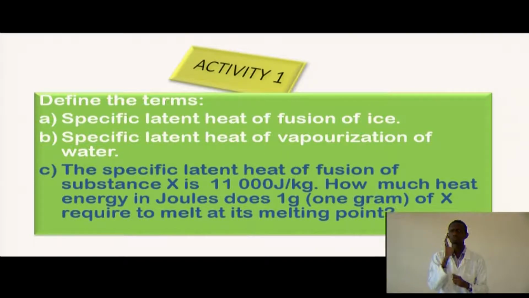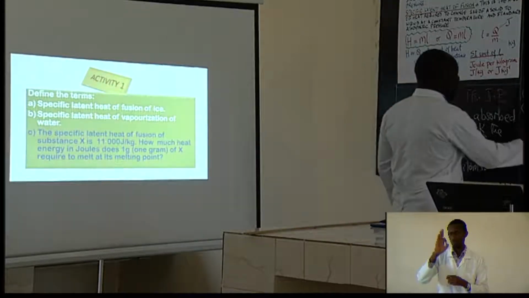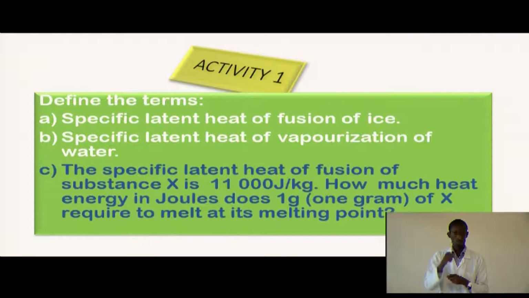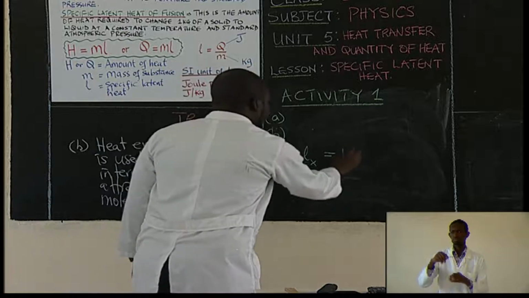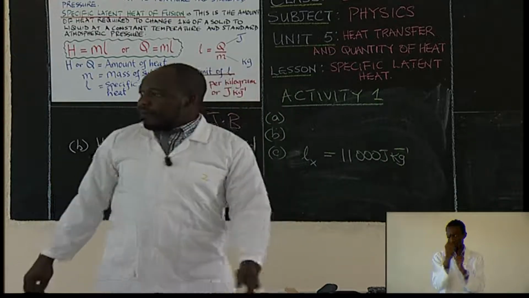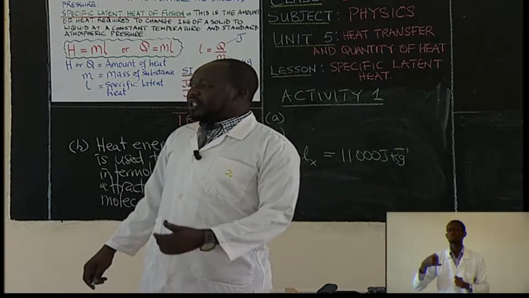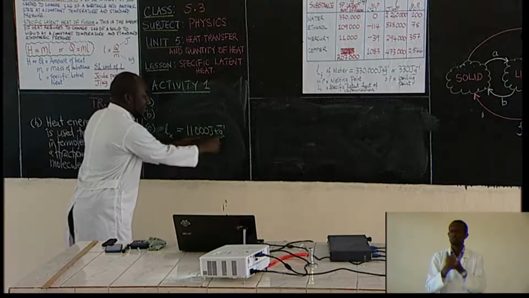Let's go to C. We need to interpret it. The specific latent heat of fusion of substance X. Remember the symbol we use for specific latent heat? It is L. So specific latent heat is 11,000 joules per what? Per kilogram. How much heat energy in joules does 1 gram of X require to melt it at its melting point? This is in joules per kilogram.